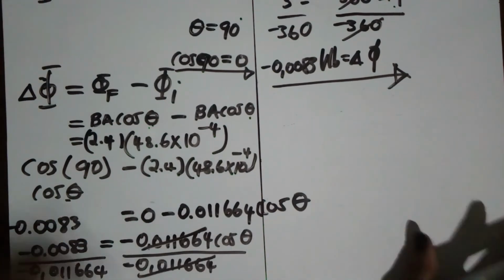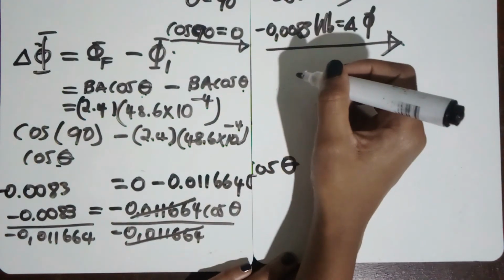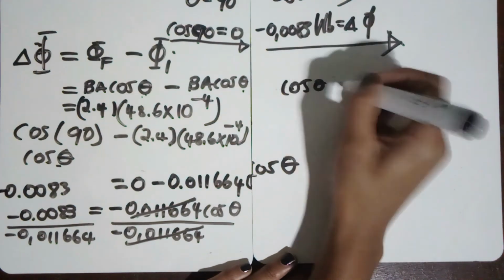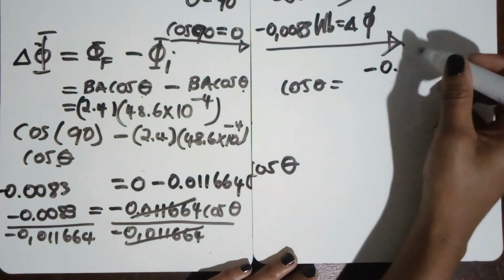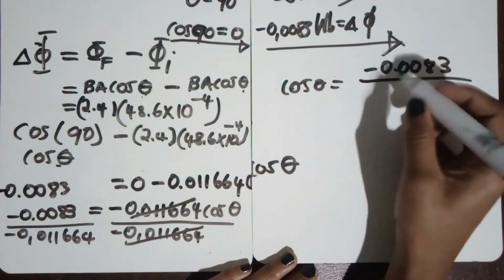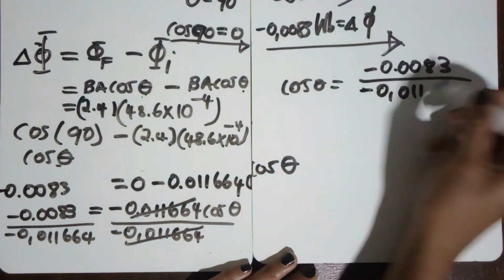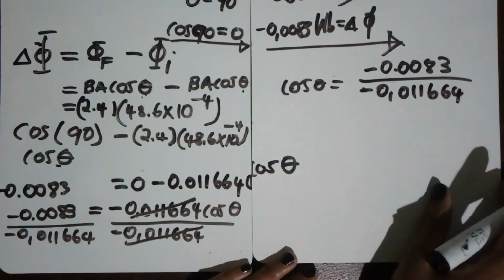So now your cos theta will be equal to negative 0.0083 divided by negative 0.011664, right? Always check the answers with me.